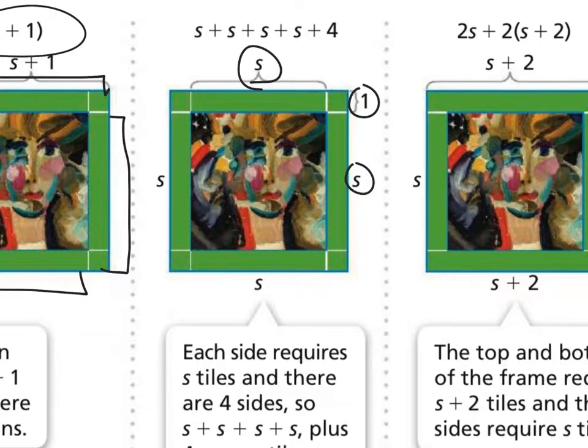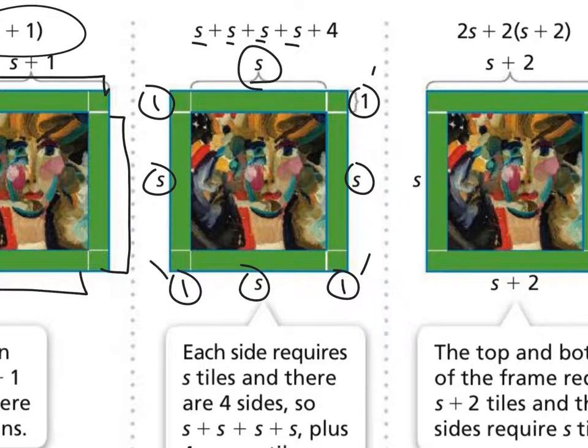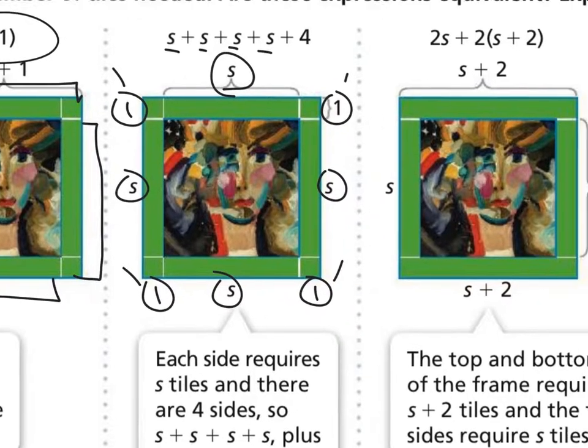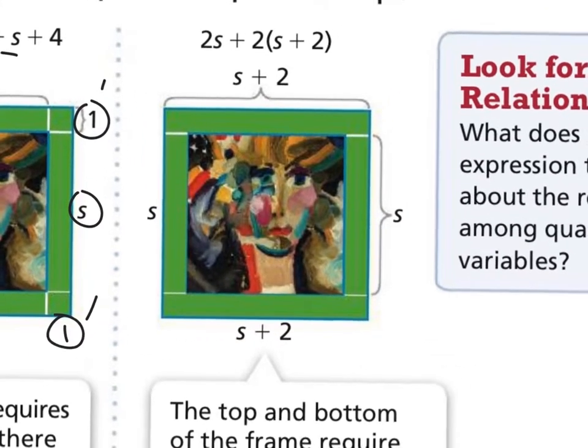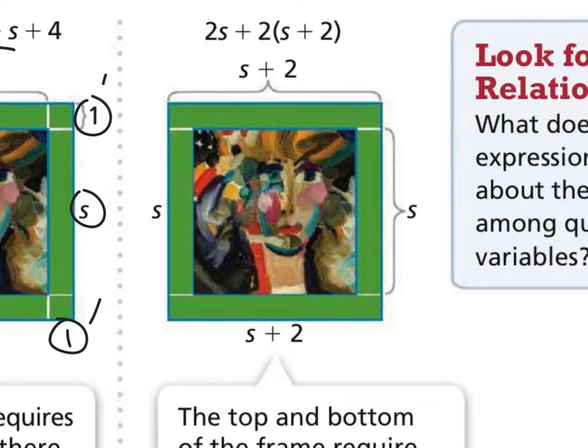The second person is saying we've got an S, we've got a 1. We've got an S, we've got a 1. We've got an S, we've got a 1. We've got an S, we've got a 1. And so they're saying we've got the 4 S's, S plus S plus S plus S, and then the 1s, they just added those together, plus 4. So that works. Okay? Then the last person, they said all across the top here, it's a S plus a 1 plus a 1.